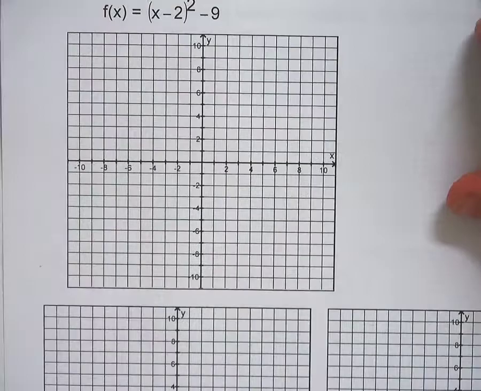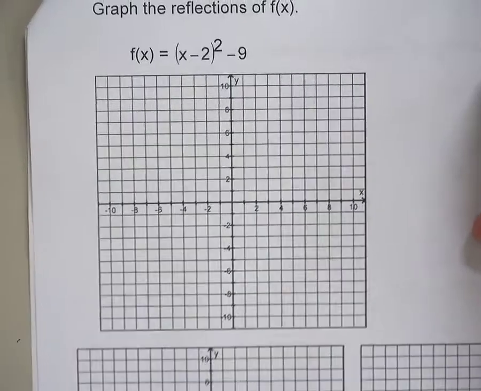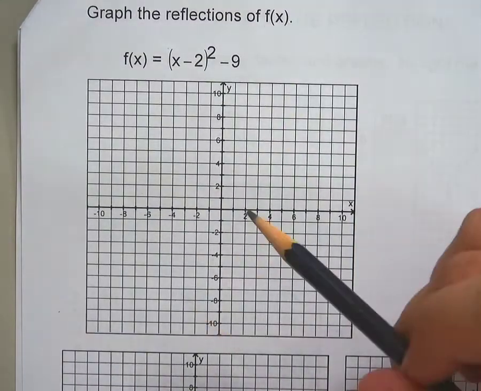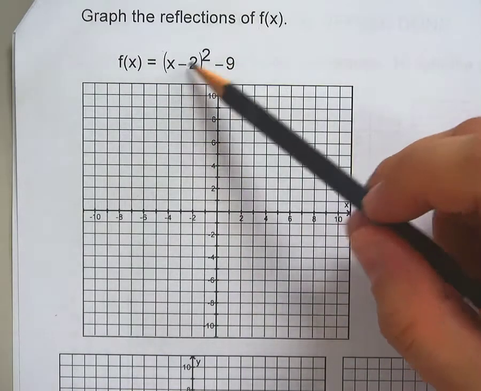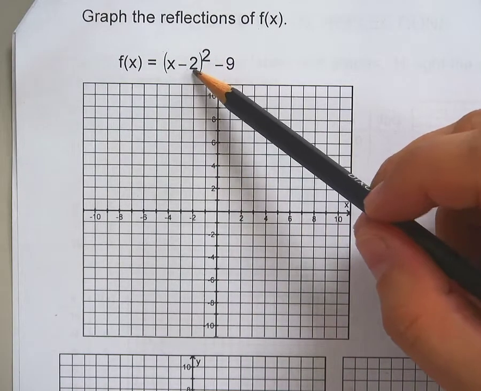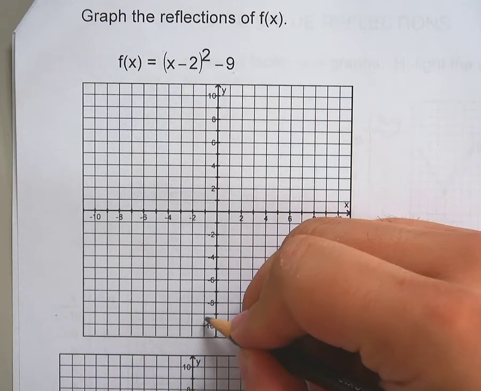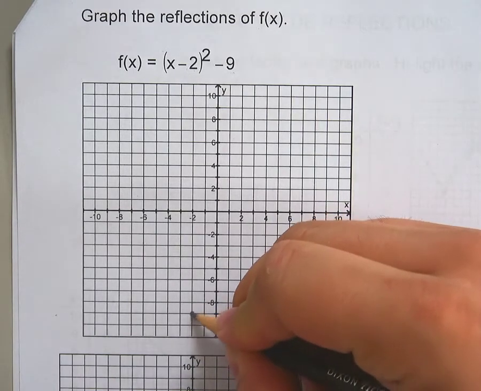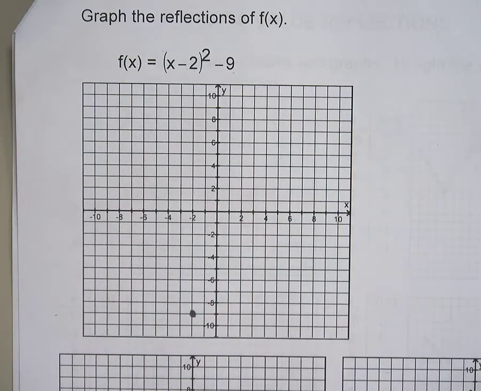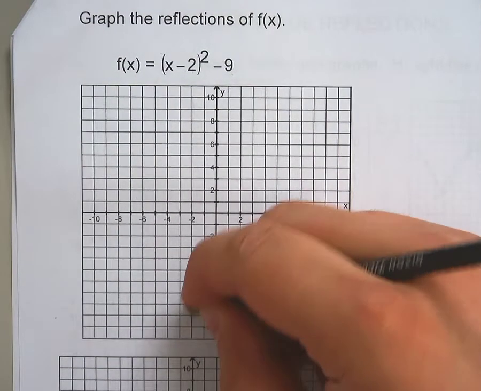So let's actually get into some stuff here. First, graph the reflections of f of x. So I need to graph this function here. So a parabola going left 2 and down 9. So here's my new point. Right 2. What am I thinking?